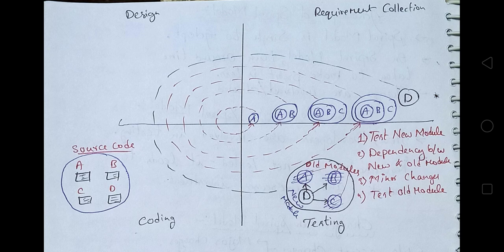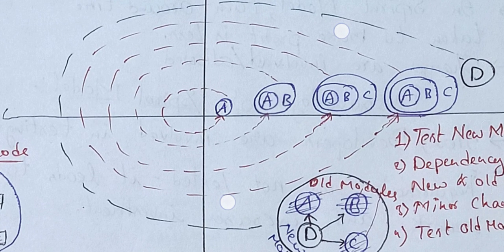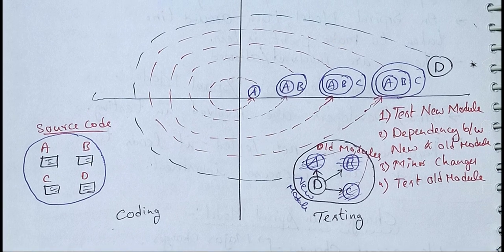See, here are the minor changes. In minor changes, what do we do? First we test the new module, then we test the dependency between new and old module. After that we fix the minor changes, then we test the old module. See, module A is developed, then after that B, after that C, after that D. Whatever minor changes are given will be fixed after testing the dependency between new and old modules.